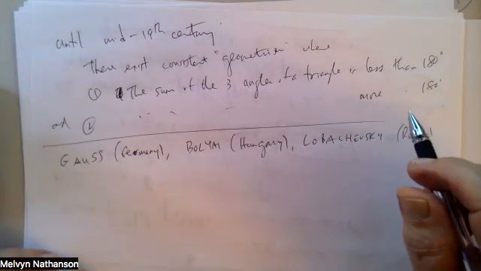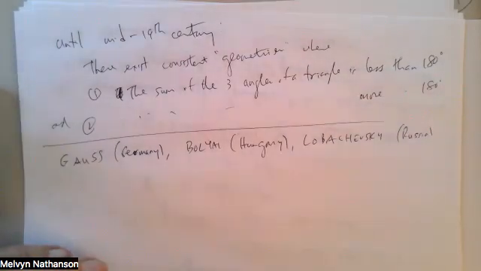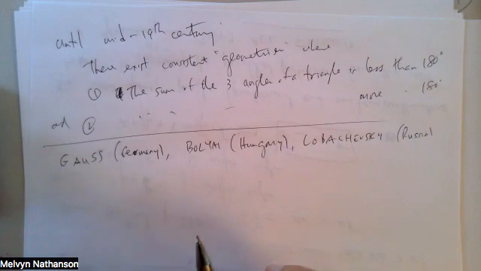And at roughly the same time, all three were able to prove that you could not deduce the parallel postulate from the rest of Euclidean geometry, and you could construct nice, consistent geometries where the parallel postulate didn't hold.